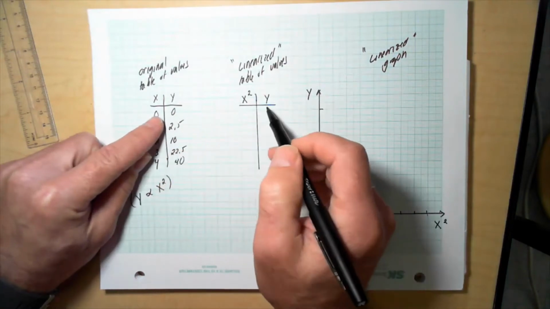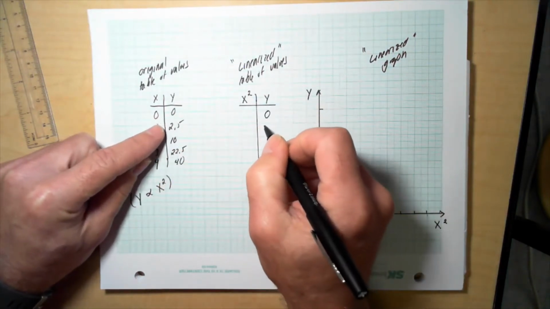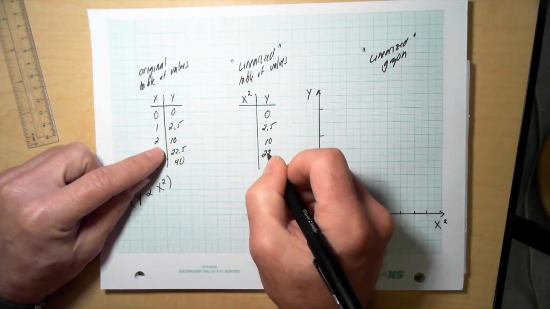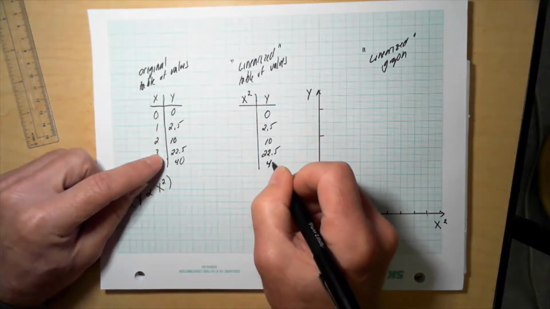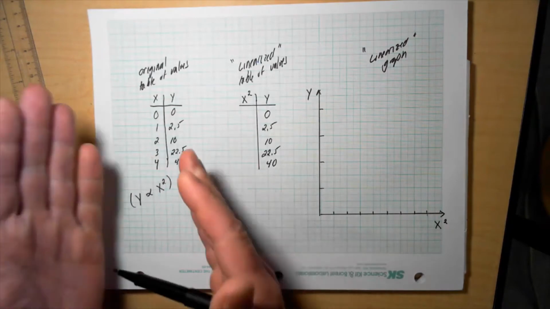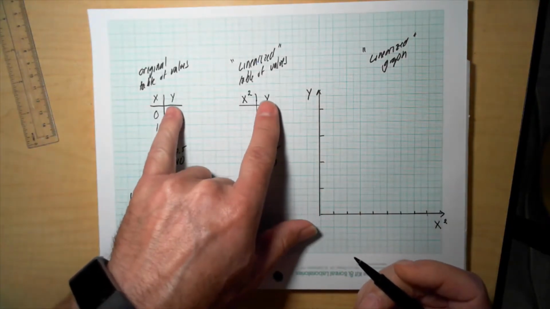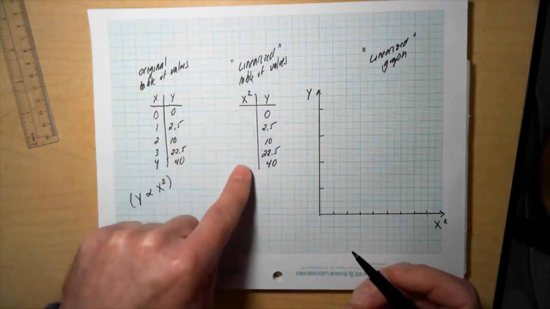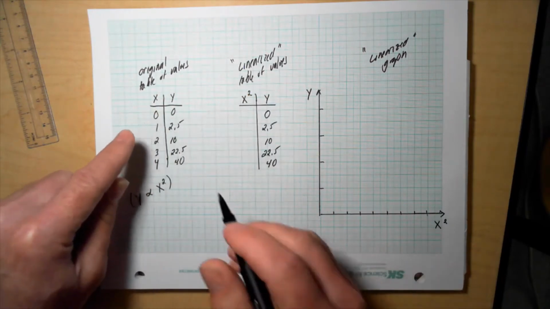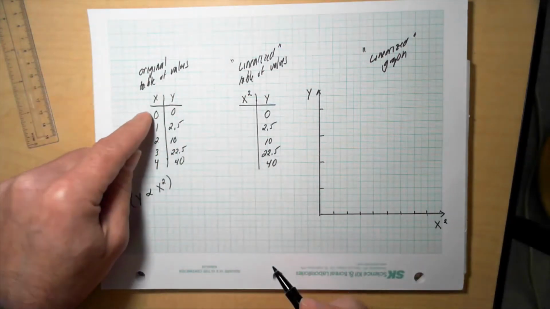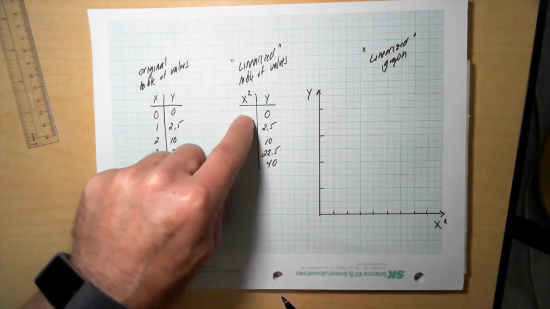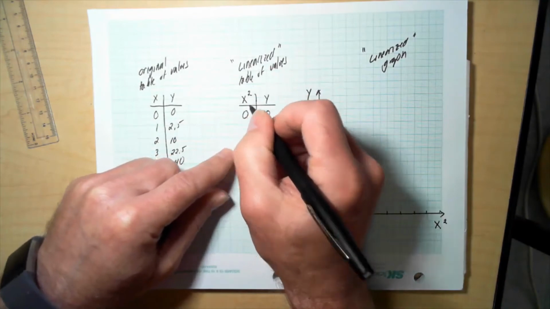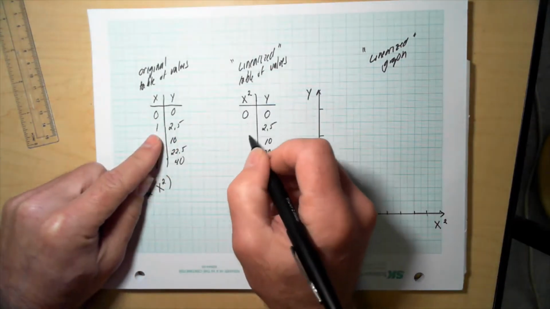We're just going to copy 0, 2.5, 10, 22.5, and 40, because it is exactly the same. It's y over here, it's y over here. Now this is x and this is x squared. So when we bring this value over, we're going to have to square it. So 0 squared is 0, 1 squared is still 1.